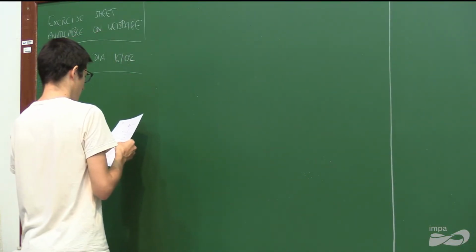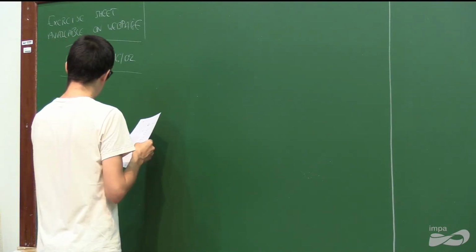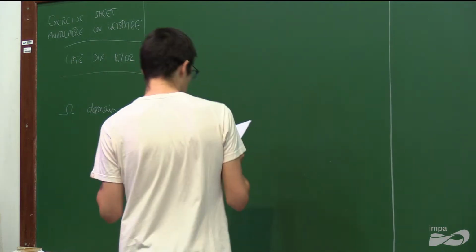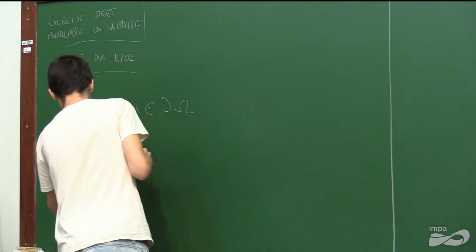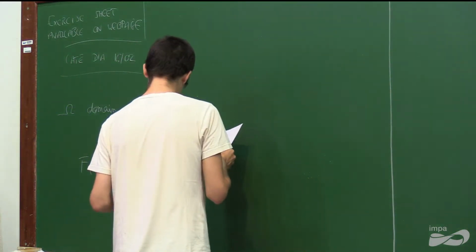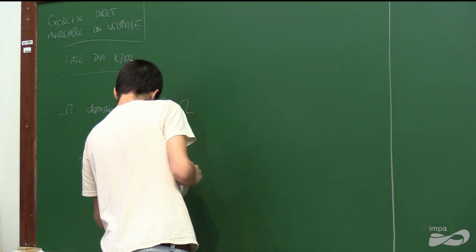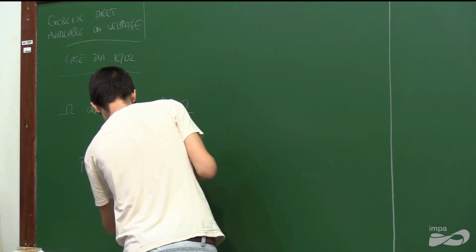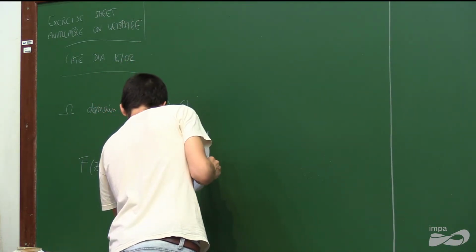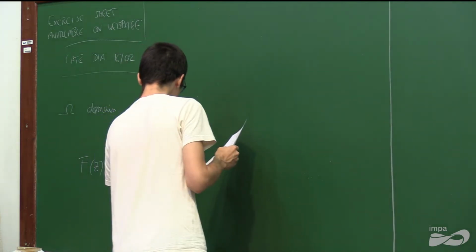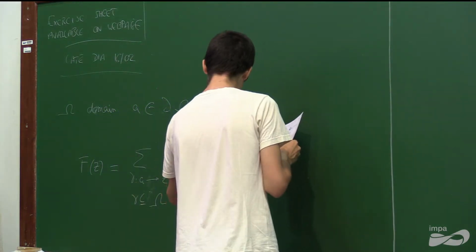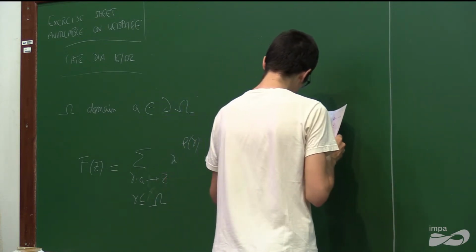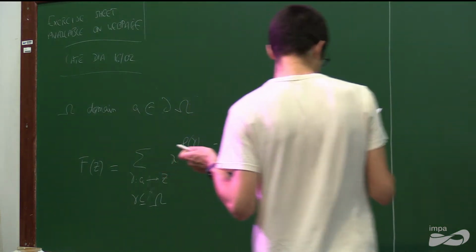What we said was that if omega was a domain and A was a mid-edge in the boundary of omega, we defined Fz, which was equal to the sum over all self-avoiding paths from A to Z that remain in the domain, of x to the power of the length of the path times exponential minus I sigma times the total winding number of the path. So we call this Fz.